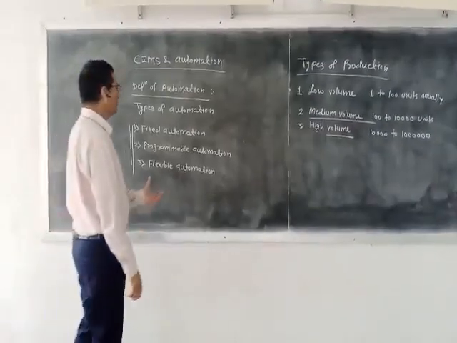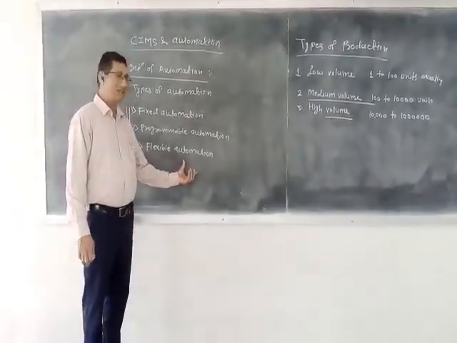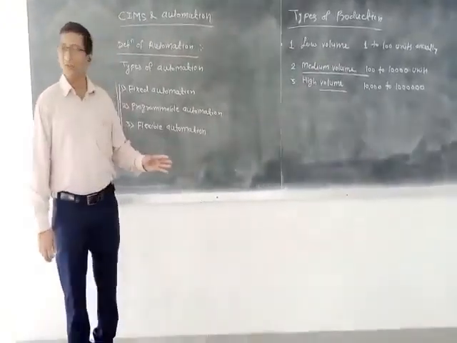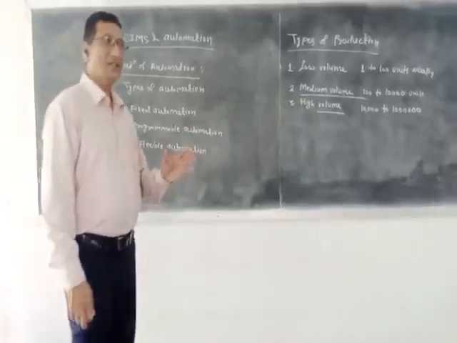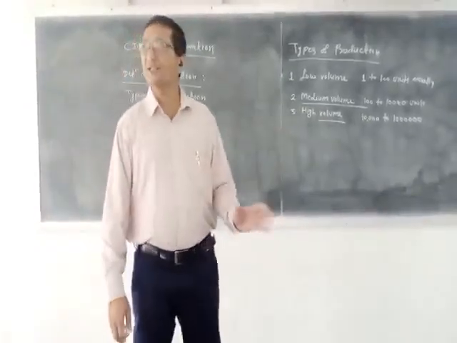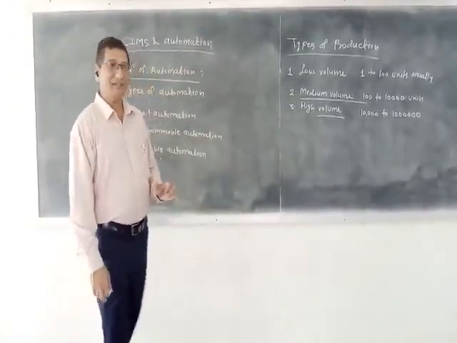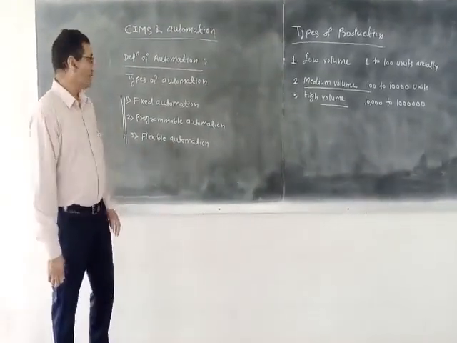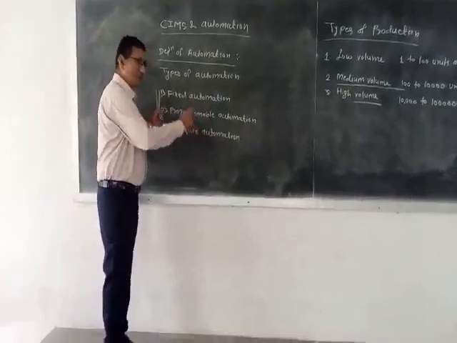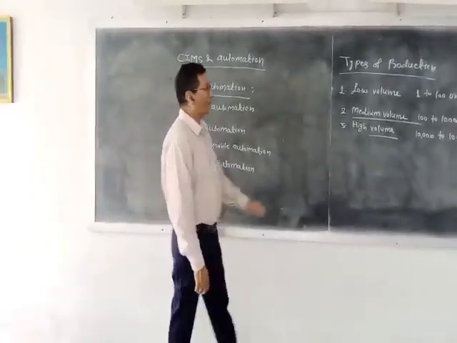So here also in case of flexible automation, you can change or alter the sequence of your processing steps. At the same time, you can change the physical setup also, and it will facilitate rapid changeover in physical setup also.